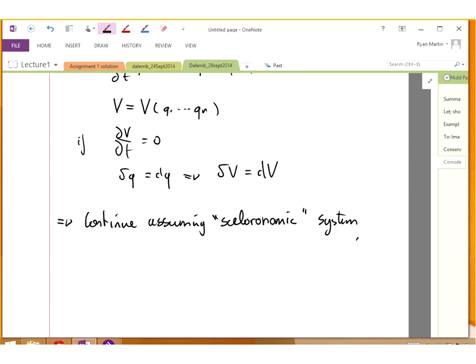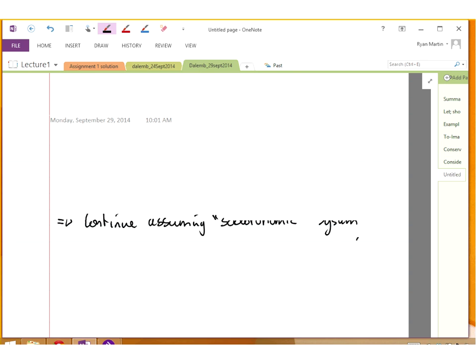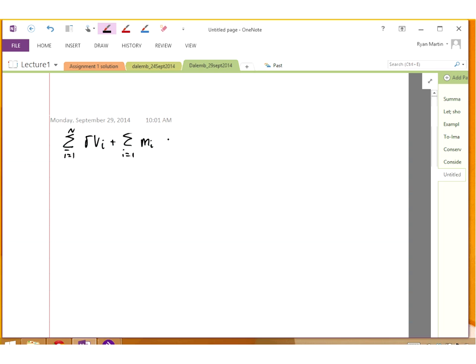So going back to our equation, we had the sum from i equals 1 to n of δV_i plus the sum from i equals 1 to n of m_i r_i double dot vector dotted with δr_i.